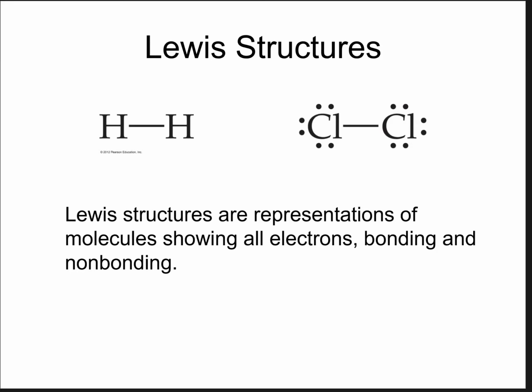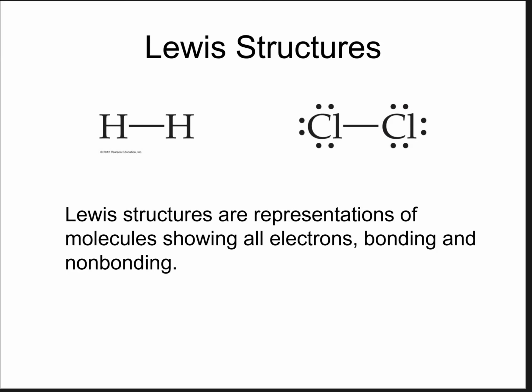Chlorine, you can see, has a single line between the two atoms, but also a series of dots, known as lone pairs, that is, sets of two electrons surrounding each chlorine atom. And these electrons come from the outermost electrons, or the valence electrons, found on the chlorine atom.